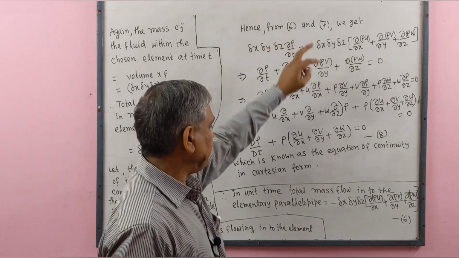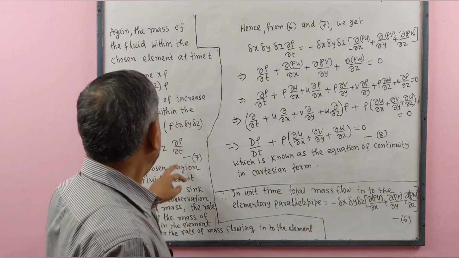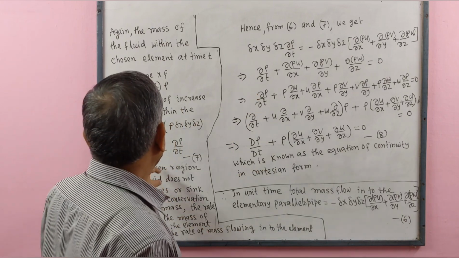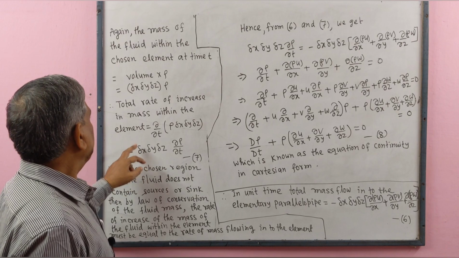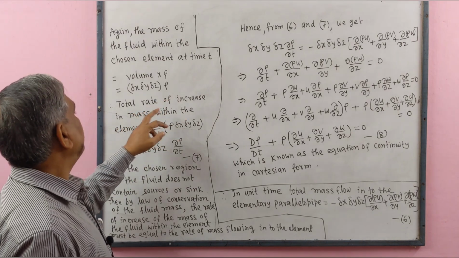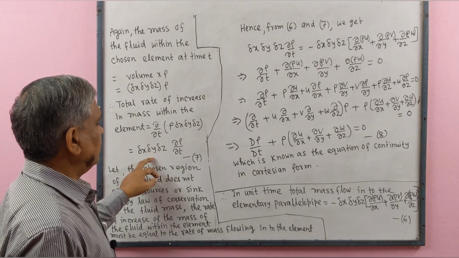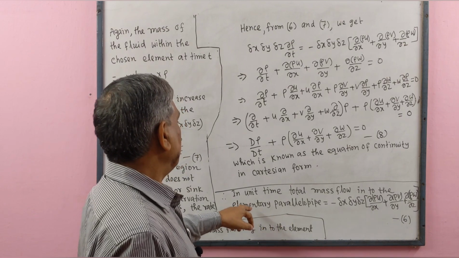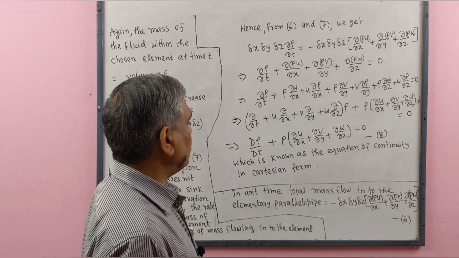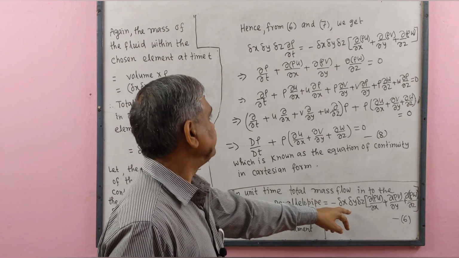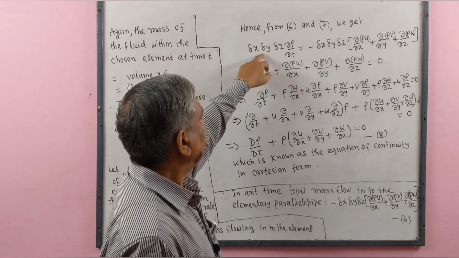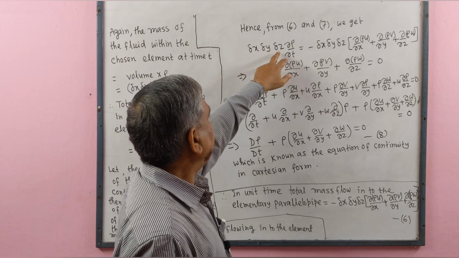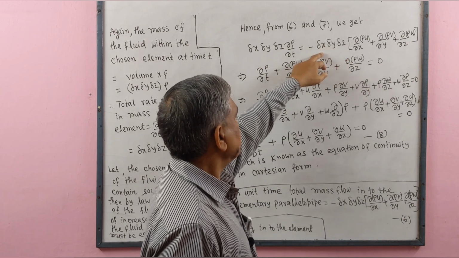Hence, from 6 and 7, the rate of increase in mass within the element on the left side, and in unit time, the total mass flow into the elementary parallel pipe, will be the same. Here the coefficient delta x, delta y, delta z cancels on both sides.